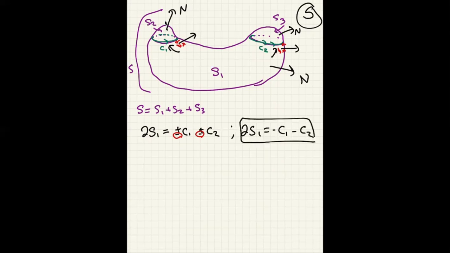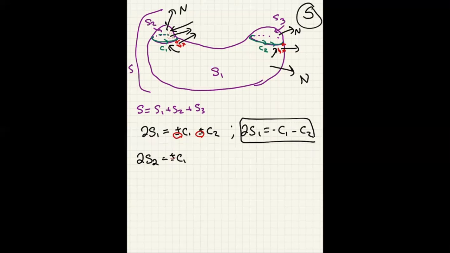Okay, let's do the other chunks. Let's look at the boundary of S2. That's this cap up here. It has nothing to do with C2. C2 is on the far right side. So it's going to be either a positive or a negative copy of C1. If I drew a counterclockwise rotation about the base, I'd be going along with C1, so it's positive.